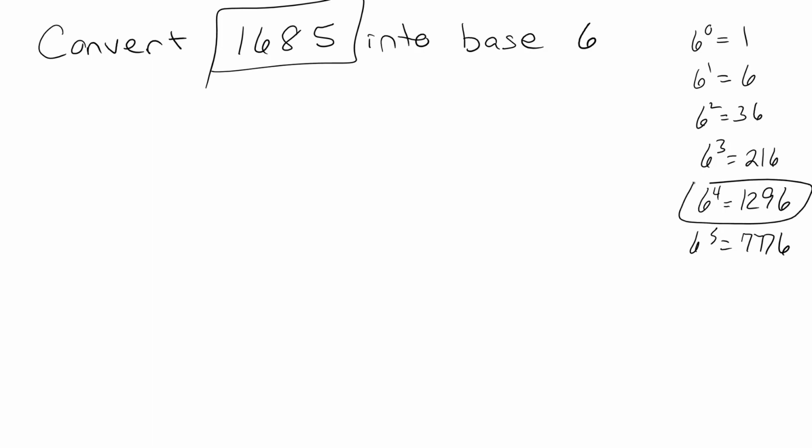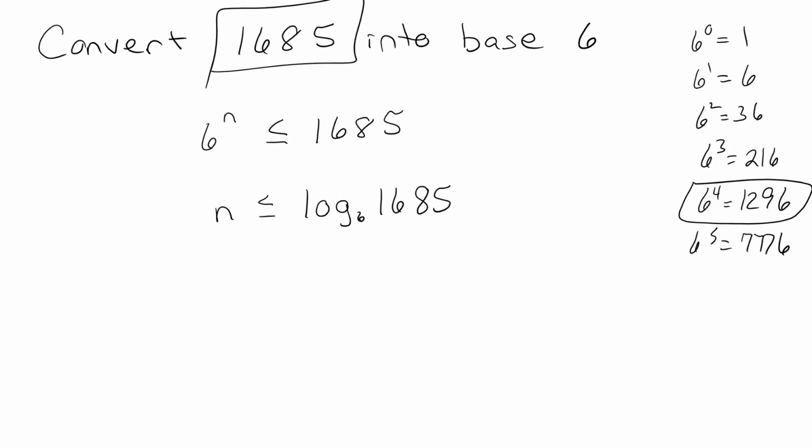So that means my first term in base 6 is going to be 6 to the fourth. Basically, what I want is 6 to the n less than or equal to 1685. I can use the property of logarithms to say that n needs to be less than or equal to log base 6 of 1685.